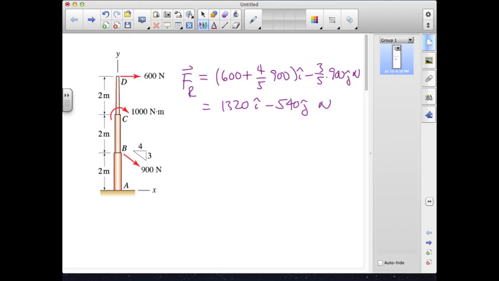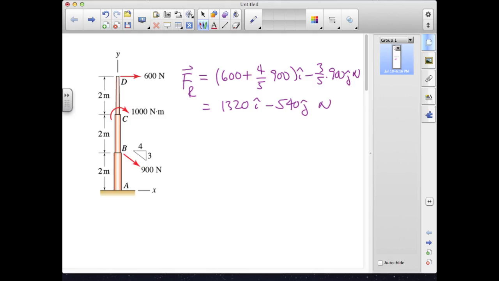For the resultant moment, note first that the 900 Newton force contributes nothing since its line of action goes through B. The 1000 Newton meter moment, that is, the force couple, has the same influence everywhere on the body, so it also contributes to B. The 600 Newton force at D contributes a 2400 Newton meter moment in the same direction as the force couple.